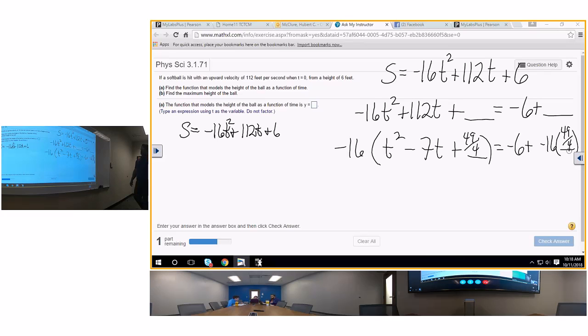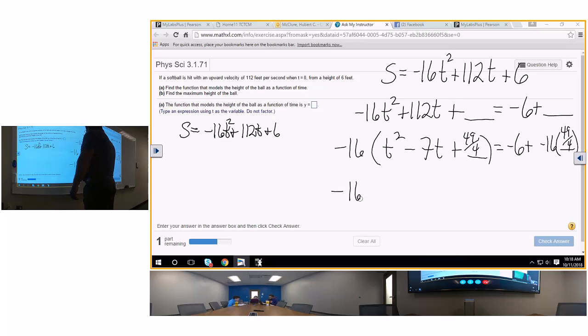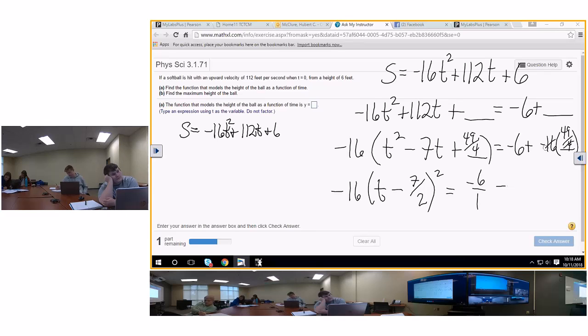And that's going to give us shortcut number 2. Negative 16 times t minus 7 halves quantity squared is equal to, might as well quit, negative 6 over 1 minus, what happens to that 4 and that 16? It cancels and makes this a negative 4.